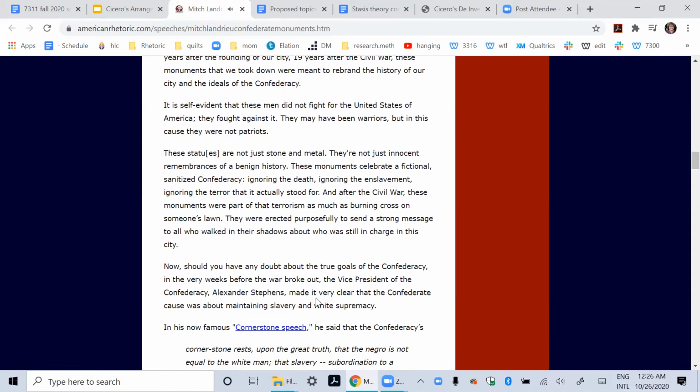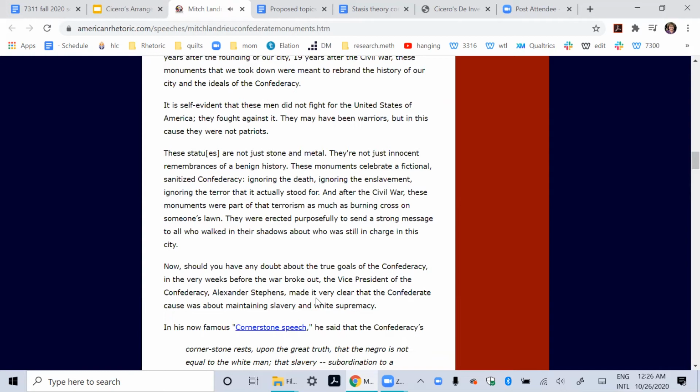Now, should you have doubts about the goals of the Confederacy, in the very weeks before the war broke out, the vice president of the Confederacy, Alexander Stephens, made it very clear that the Confederate cause was about maintaining slavery and white supremacy.